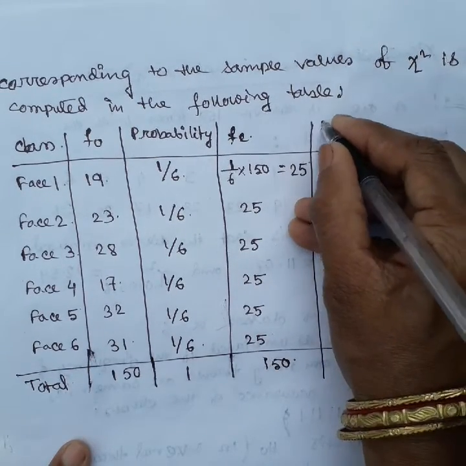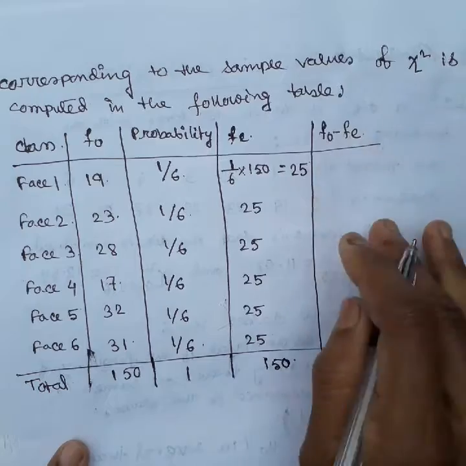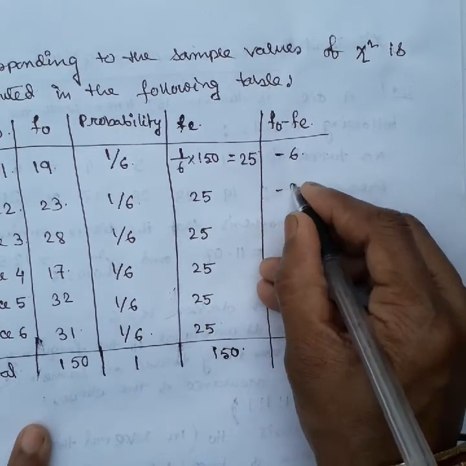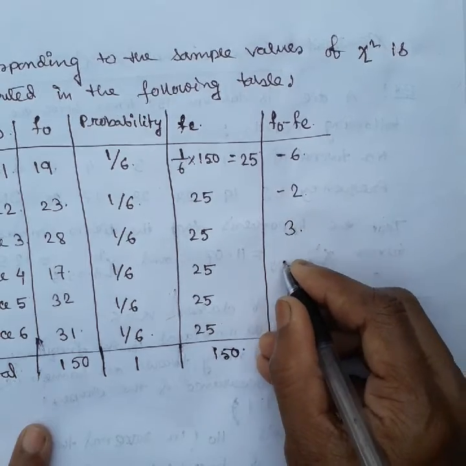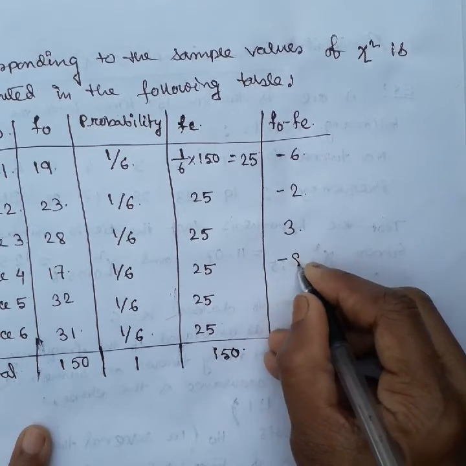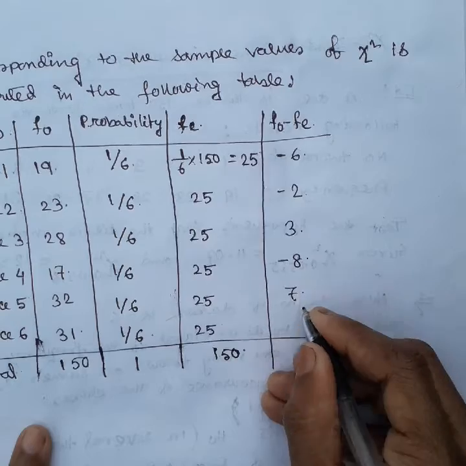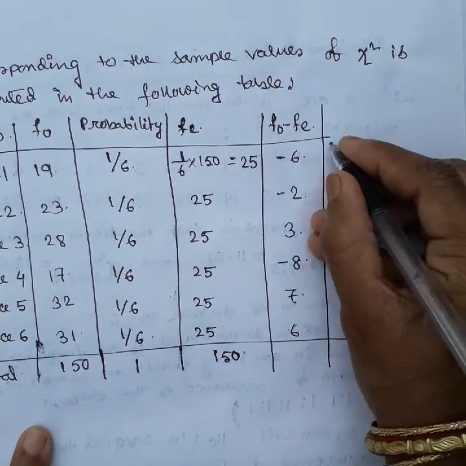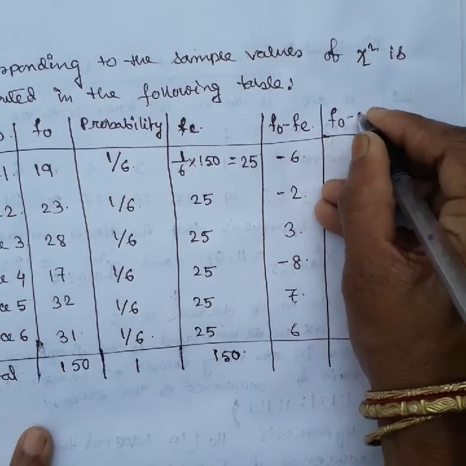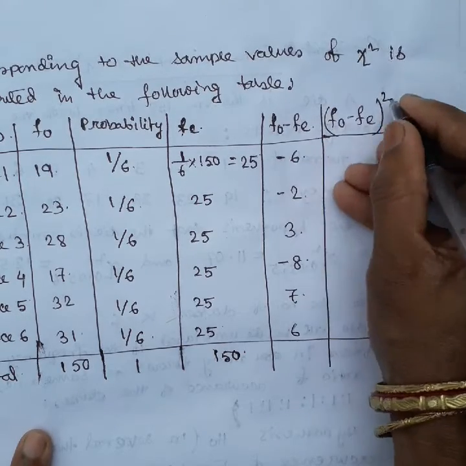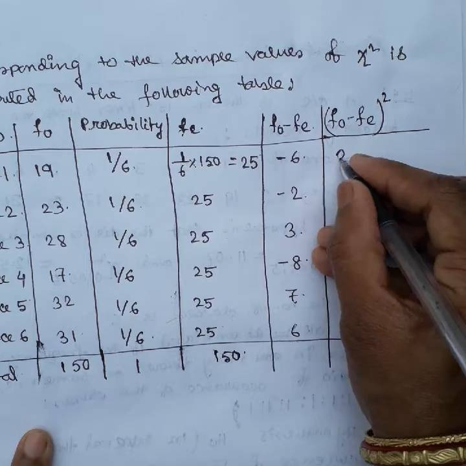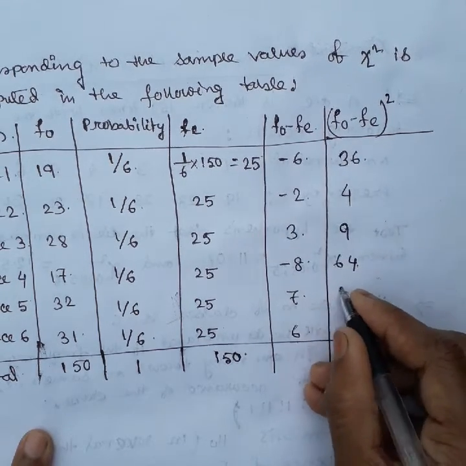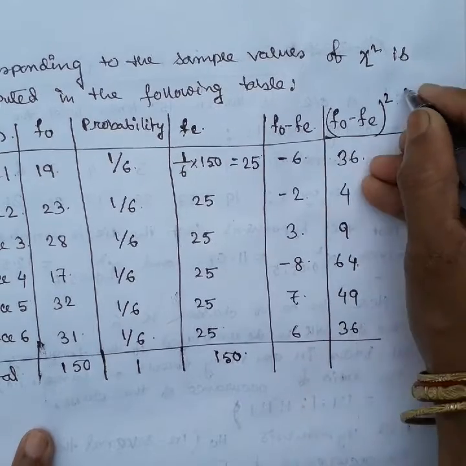Now we find FO minus FE: minus 6, minus 2, 3, minus 8, 7 and 6. Next we find (FO minus FE) whole square: 36, 4, 9, 64, 49 and 36.